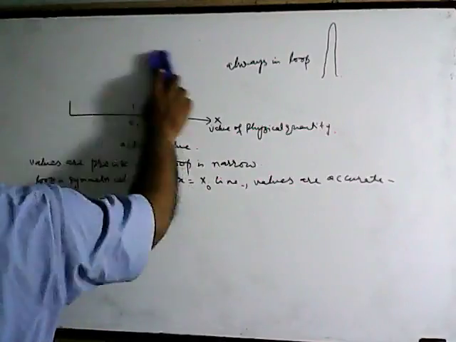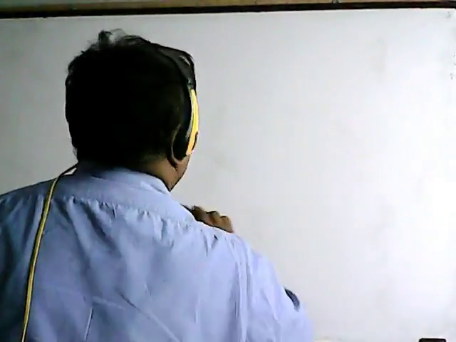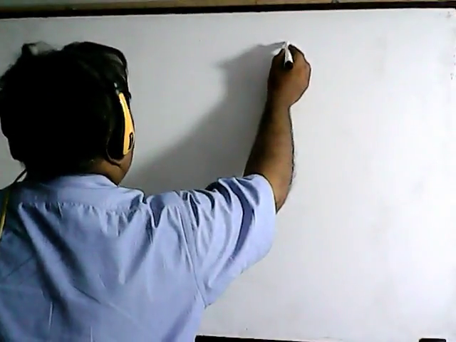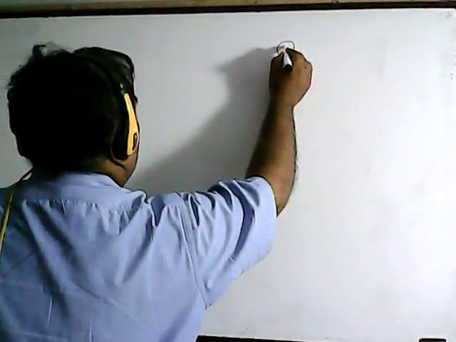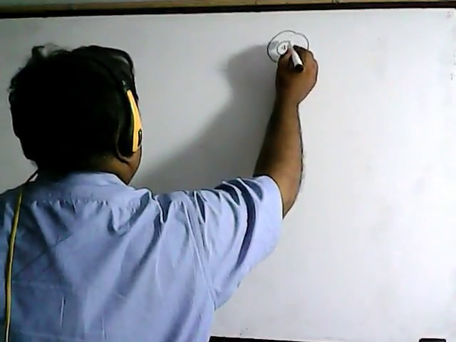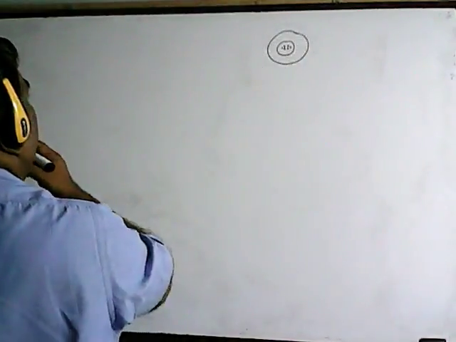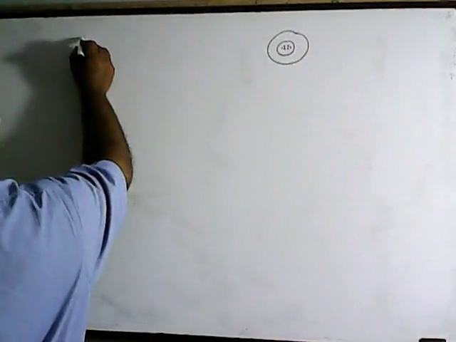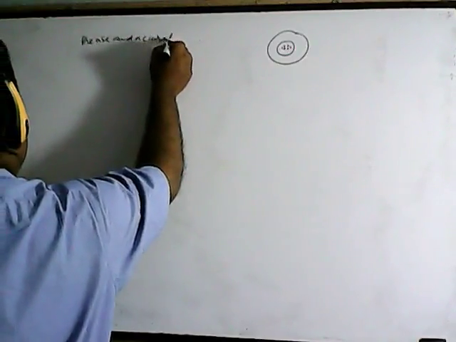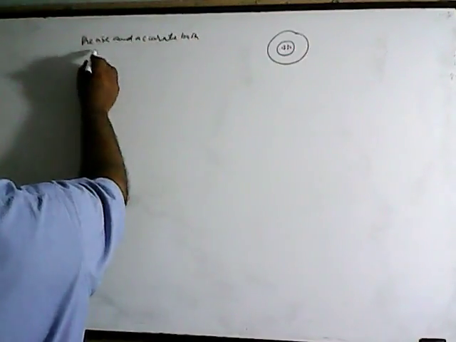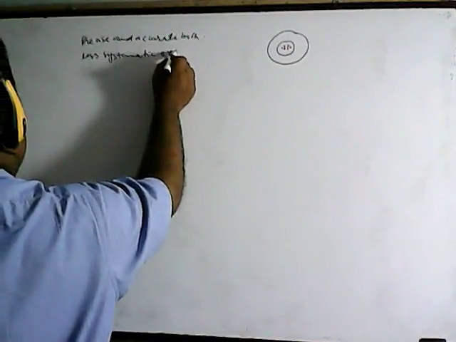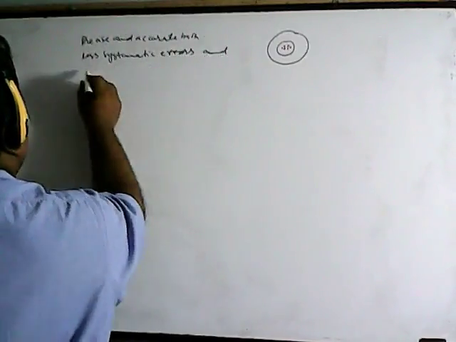Suppose for example, I think first it was Mudassir. Let's see Mudassir. For the shooting purpose, Mudassir has all 6 bullets here. So Mudassir was precise and accurate both, and he has less systematic errors and less random errors.